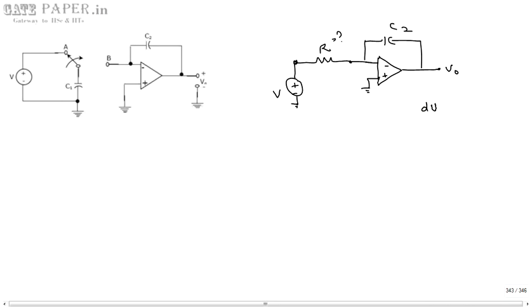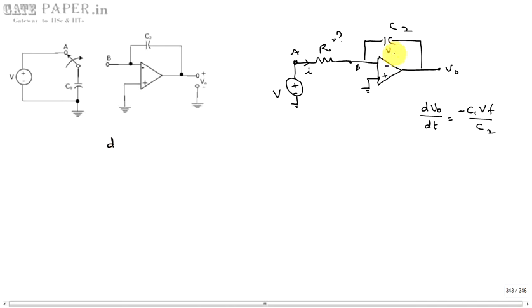So already what we have seen is dV0 by dt is equal to minus C1 V f by C2. This is the average rate of change of output voltage whenever there is a switch and C1. Now if you want to get the same value and the switch and C1 are replaced with a resistor R connected between point A and point B, the current flowing through it is I. We are going for the same thing, average rate of change of voltage.